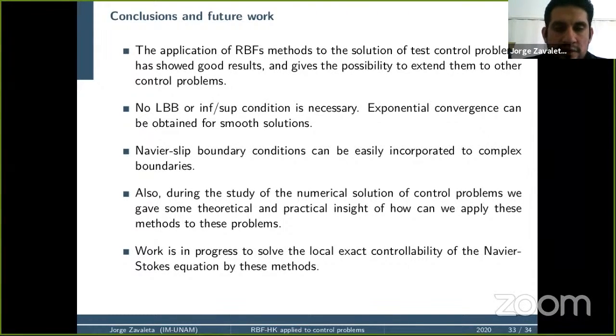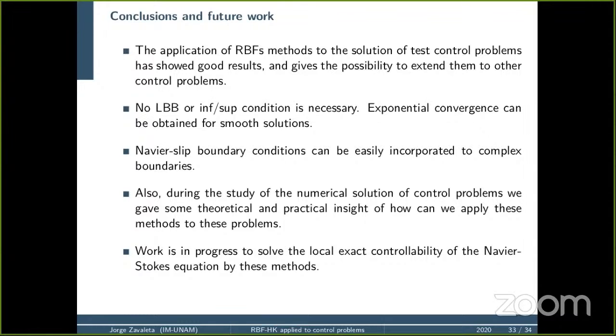But we are also looking to solve the problem of small time global controllability, which is being studied by Coron and, I forget the name of the other. Marbach. Marbach, yeah.